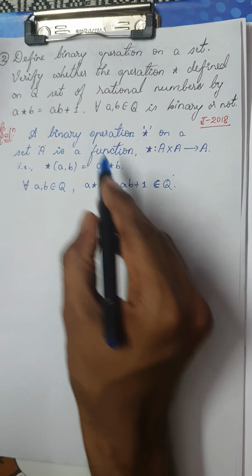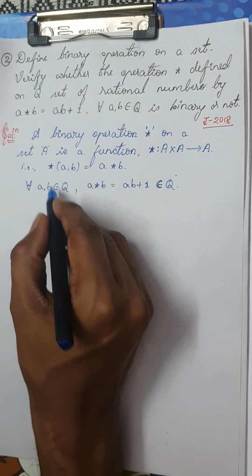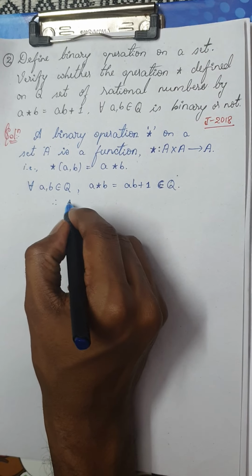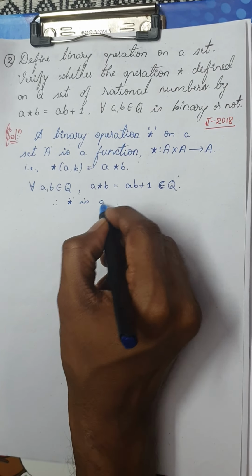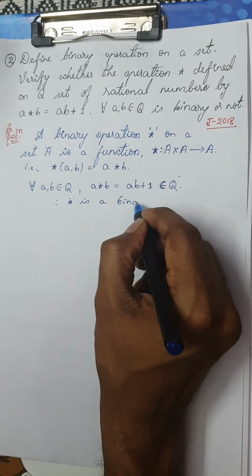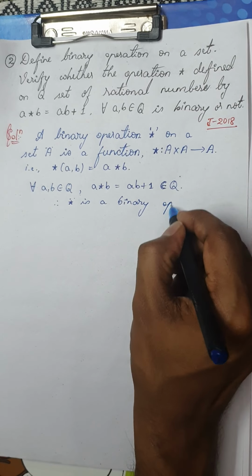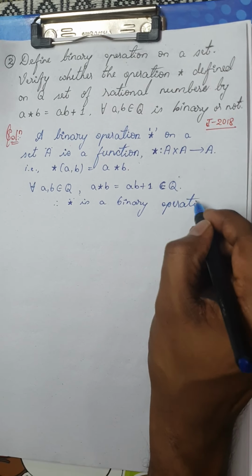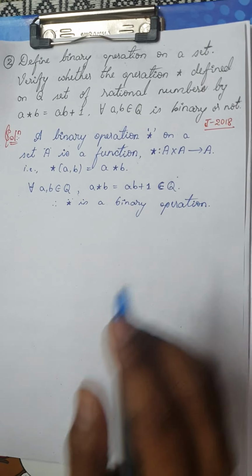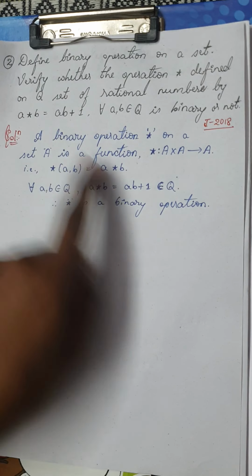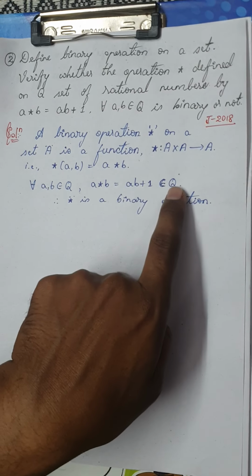A star B is equal to AB plus 1 will still belong to Q. Therefore, you can write star is a binary operation, because this operation will be in Q itself.